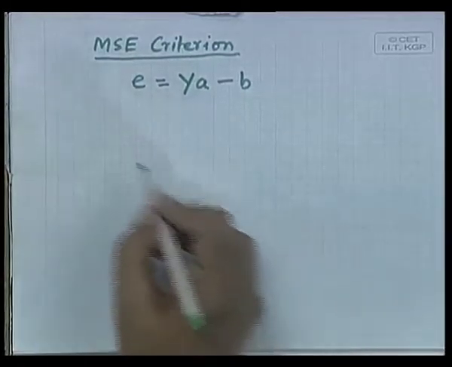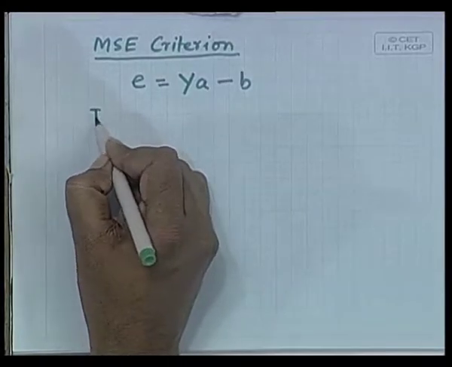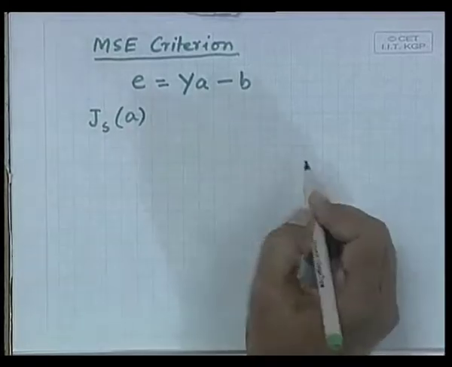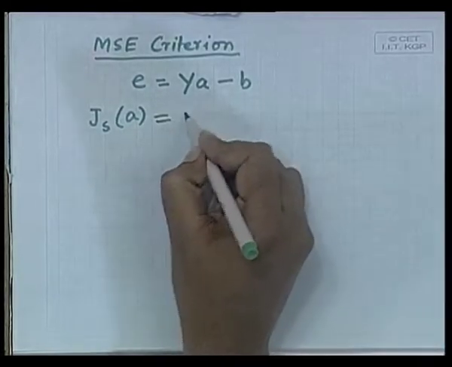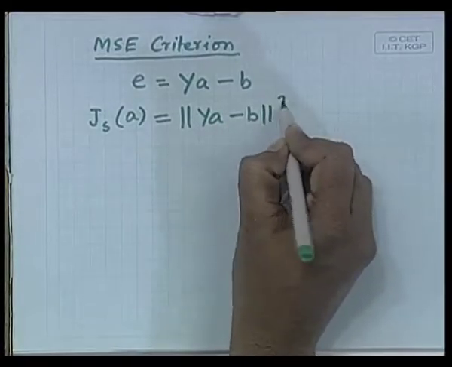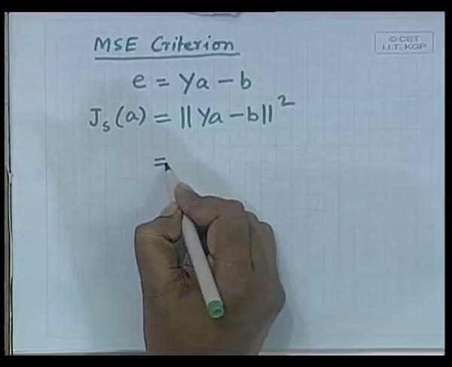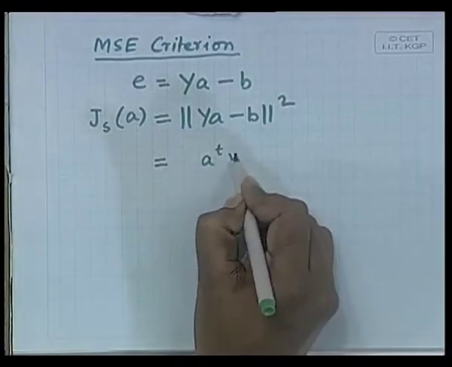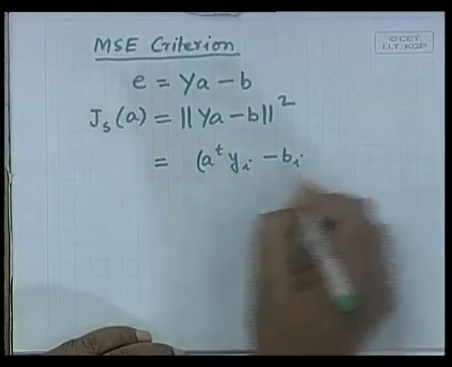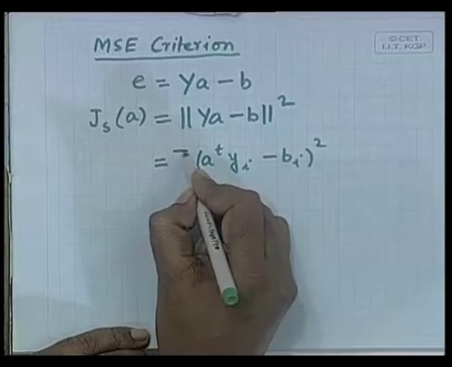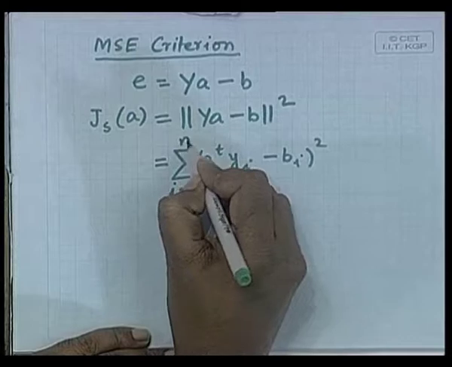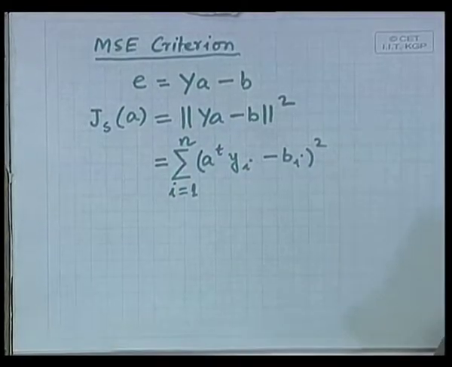Accordingly, you define the squared error criteria, which is given by J s as a function of A, which is nothing but mod of y a minus b squared, and I can expand it as A transpose y i minus b i square of this, take the summation over all the samples i is equal to 1 to n if I have n number of training samples.